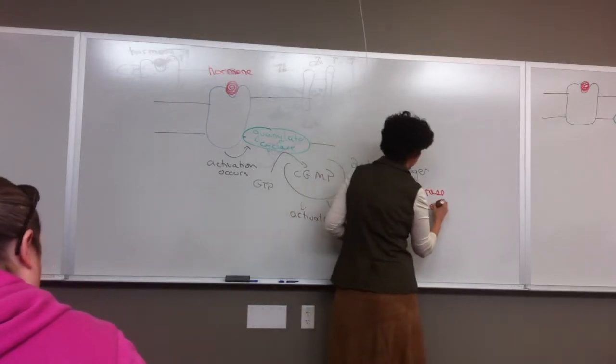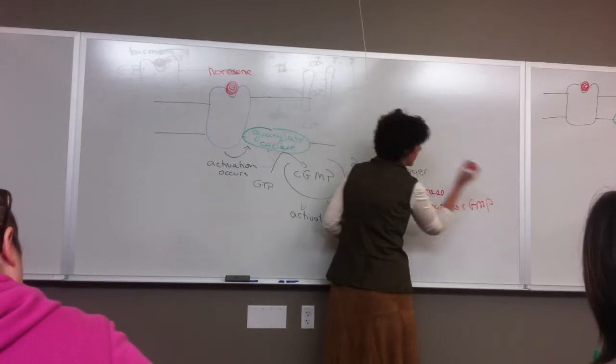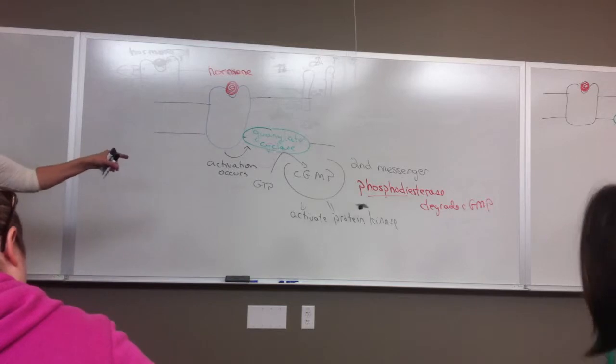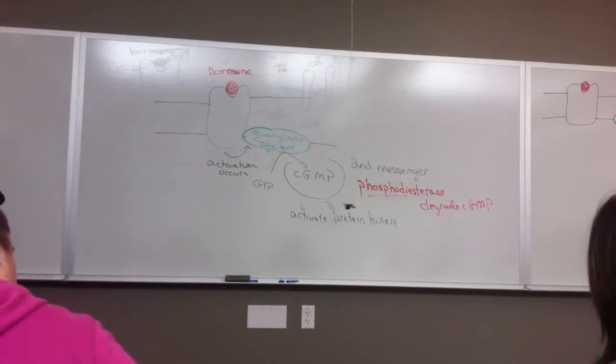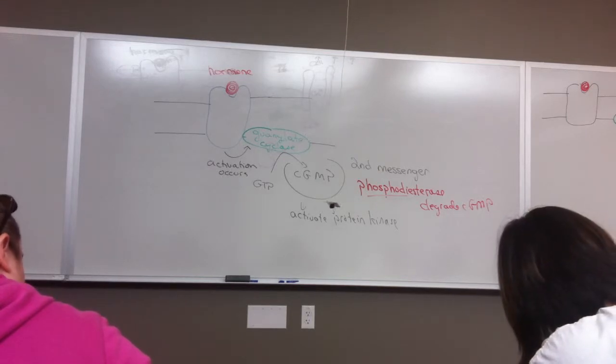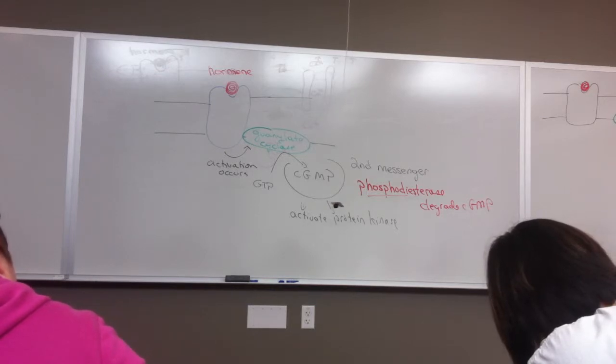So this will also degrade cyclic GMP. The advantage? Rapid production of a second messenger. Disadvantage? Loss of what?